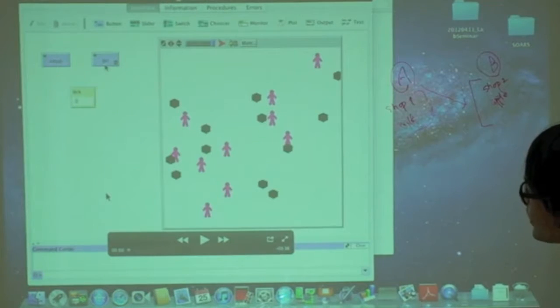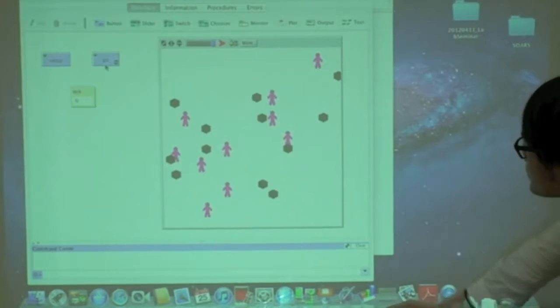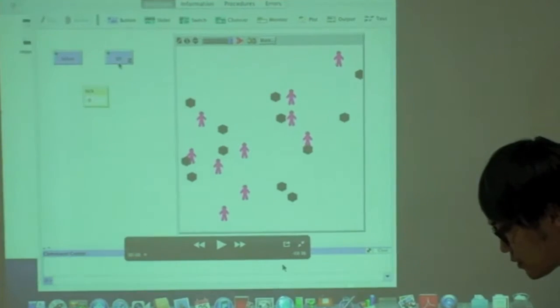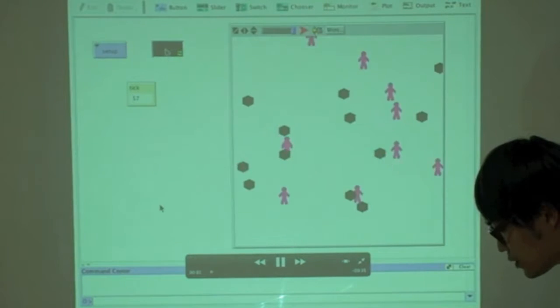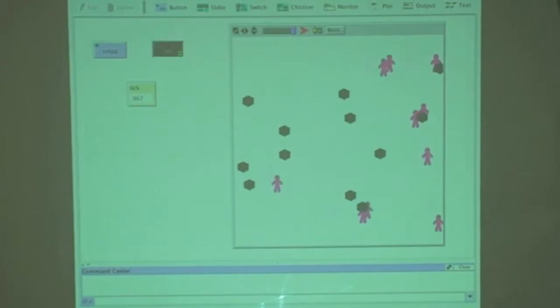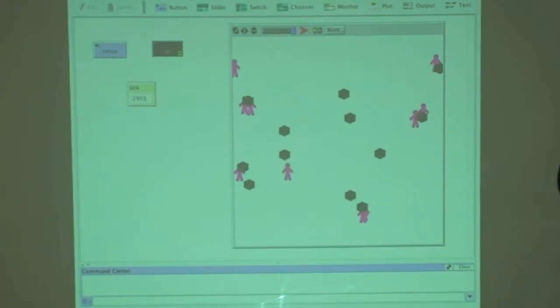This is the third simulation model. In this model, all agents share the information about the shops. This agent is stupid.